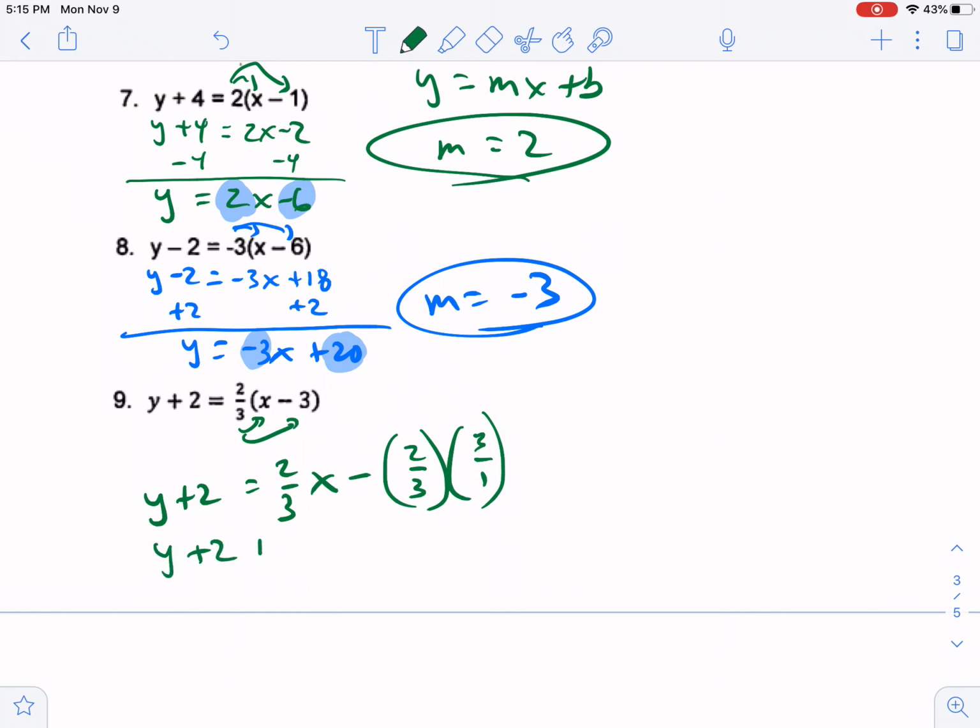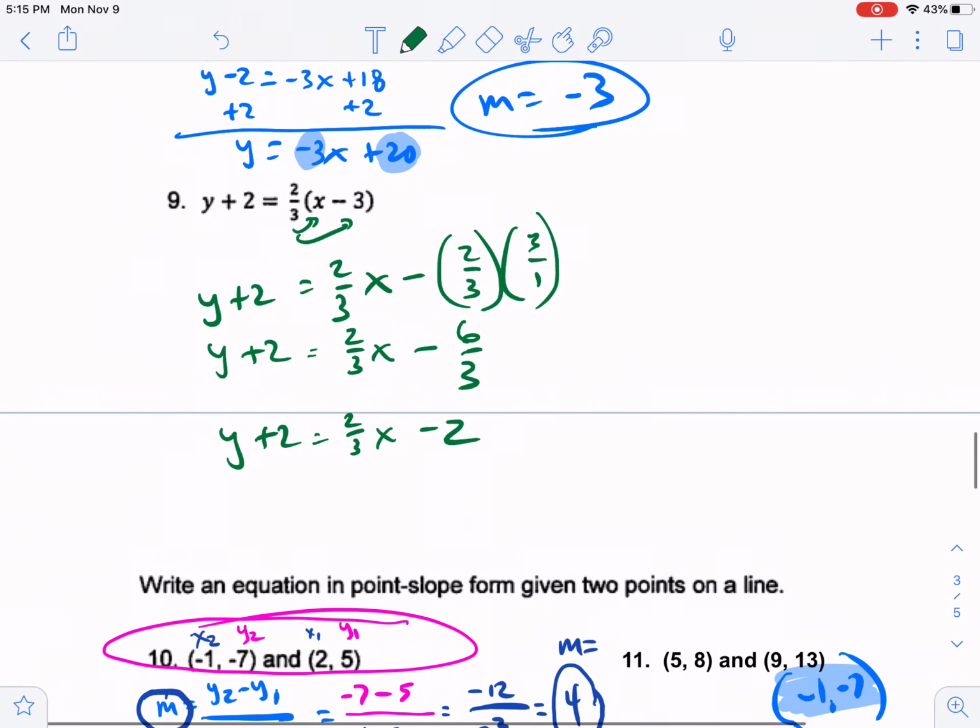Continuing, y plus 2 equals 2/3 x minus 6/3. Continuing, y plus 2 equals 2/3 x minus 2. Oh, shoot, sorry. This is equal and equal.